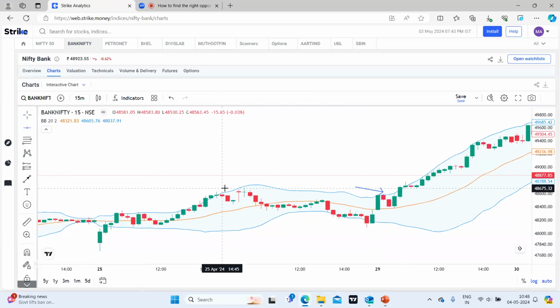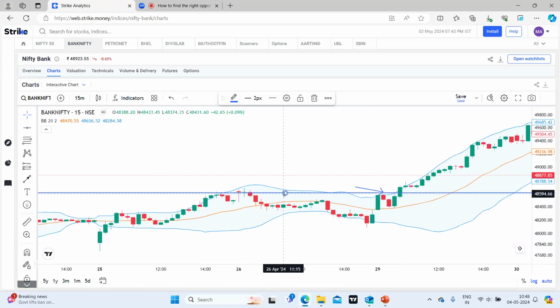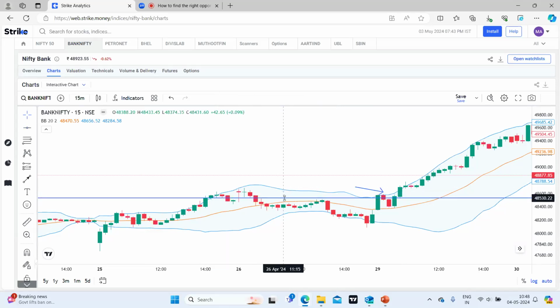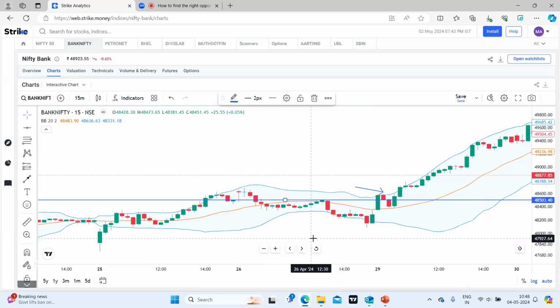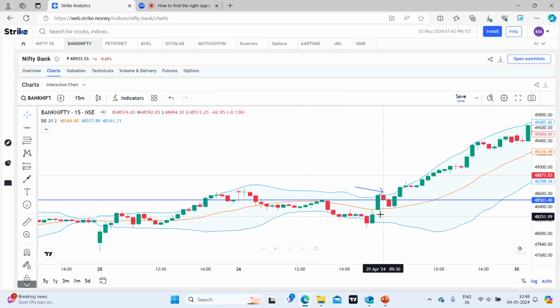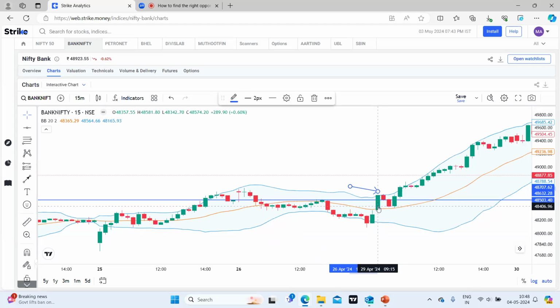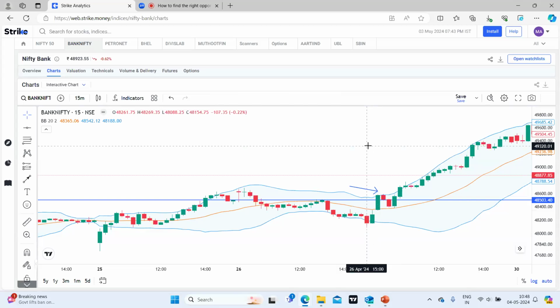My swing resistance is, or I'll say my 500 is this, ये मेरा ओ आई रेजिस्टेंस है, ठीक है, 48,500, and this candle it closed above the right, and bands have started to expand. So now this is not a confirmation for me, right?